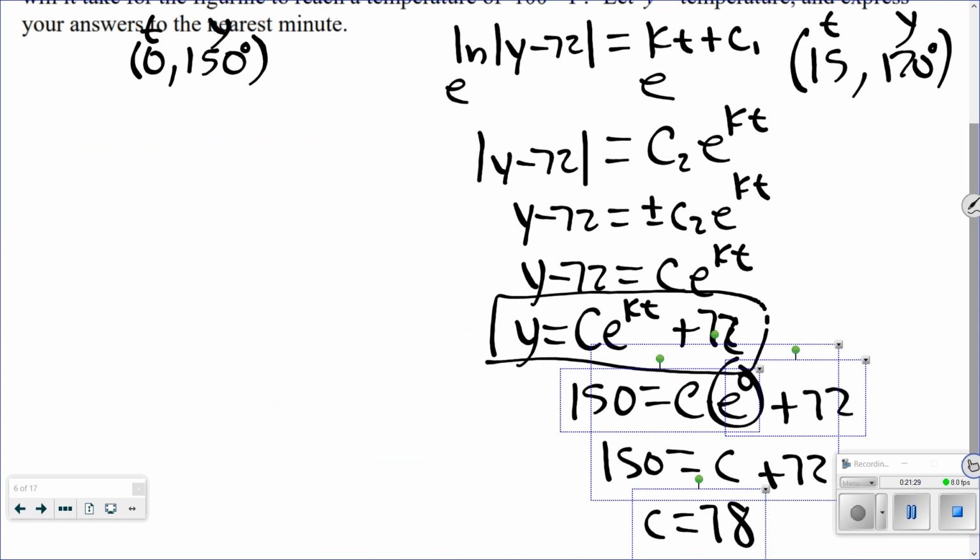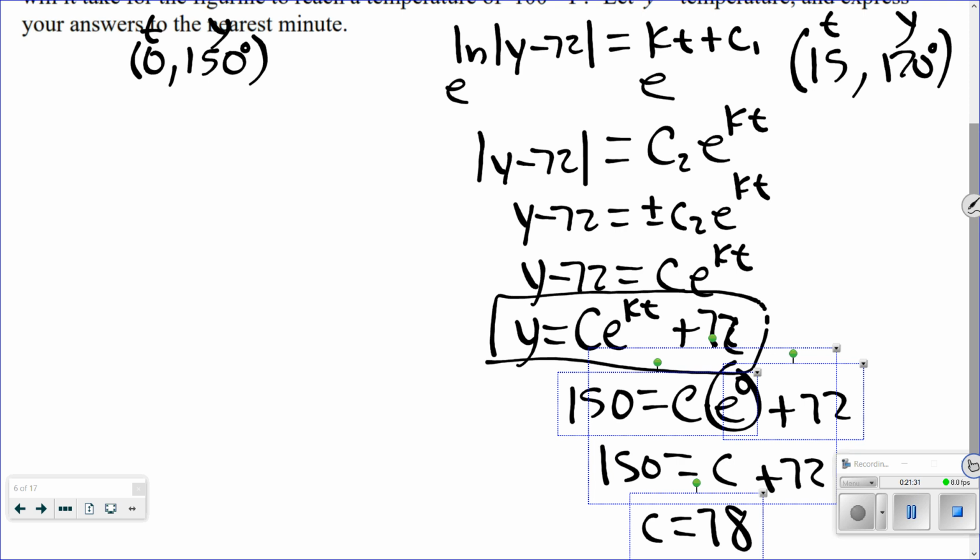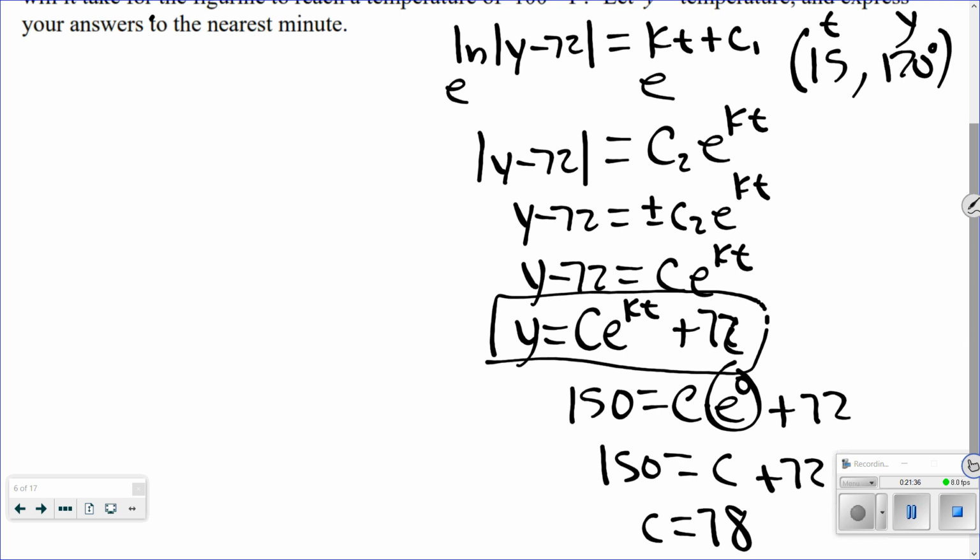That's how I figured out what C is. So my actual new model comes out to be Y is equal to, we know what C is, C was 78. 78 e to the kt plus 72. So that's my model right there.